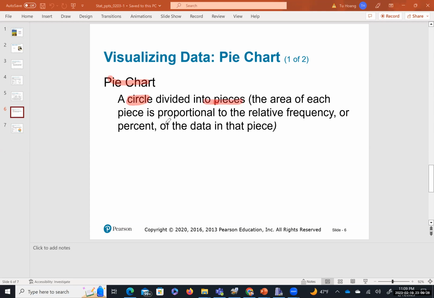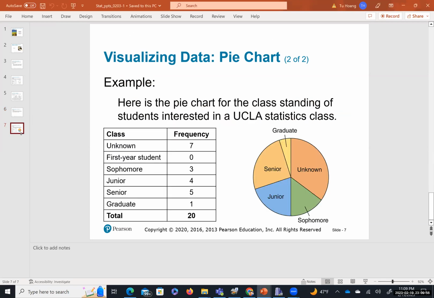The area of each piece is proportional to the relative frequency or percent of the data in those pieces. All right, so let's take a look at an example of the pie chart.